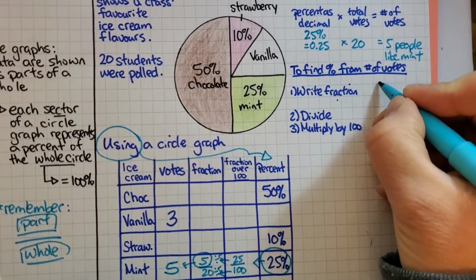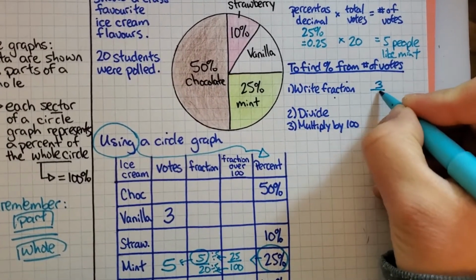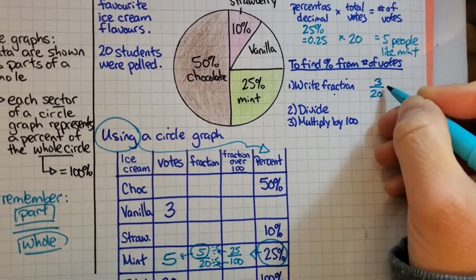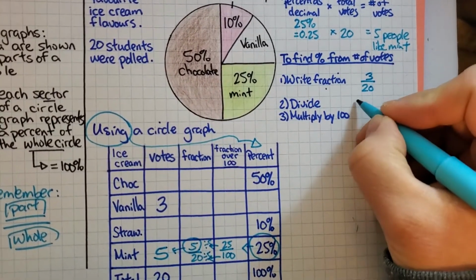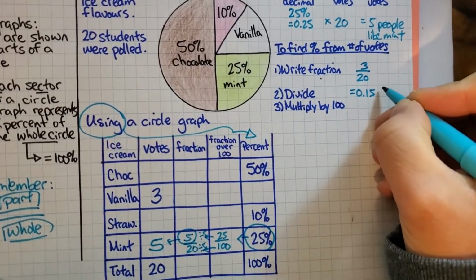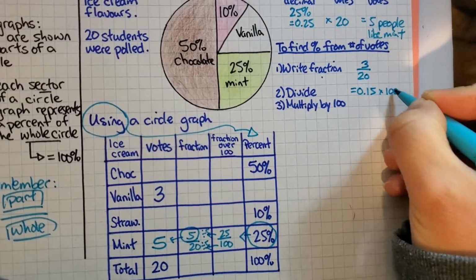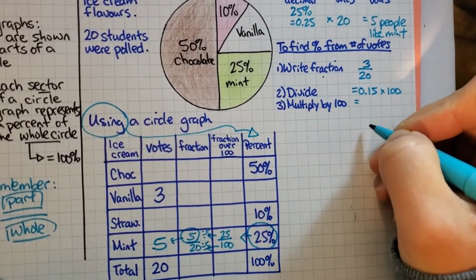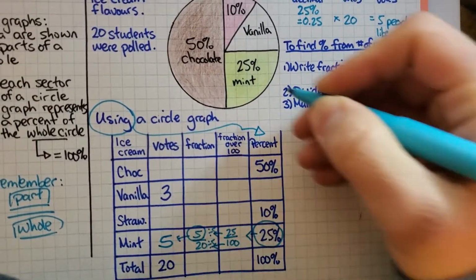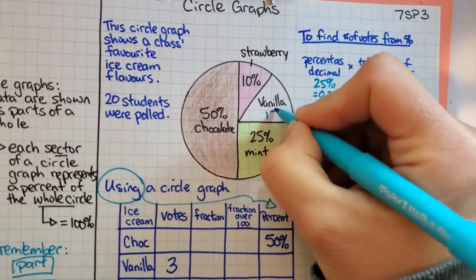The part, like vanilla, was 3 people out of a total of 20. We're going to divide it. We're going to go 3 divided by 20, we'll get a decimal, 0.15. Multiply that by 100, step 3, and we're going to find that 15% are into vanilla. That's their favorite.